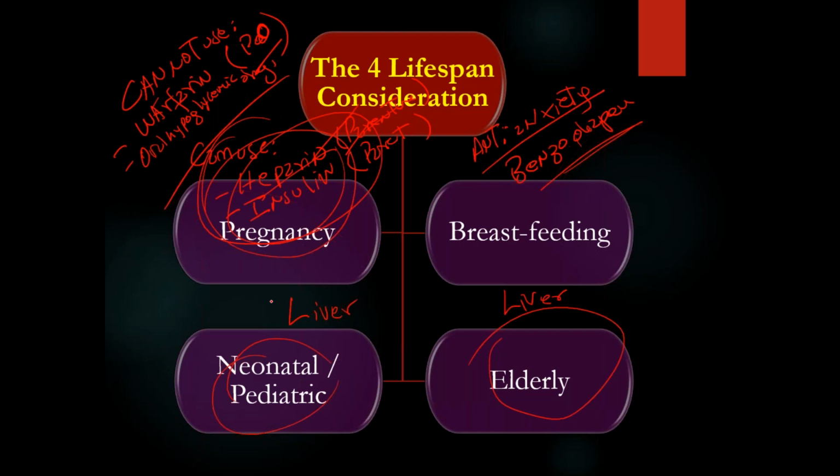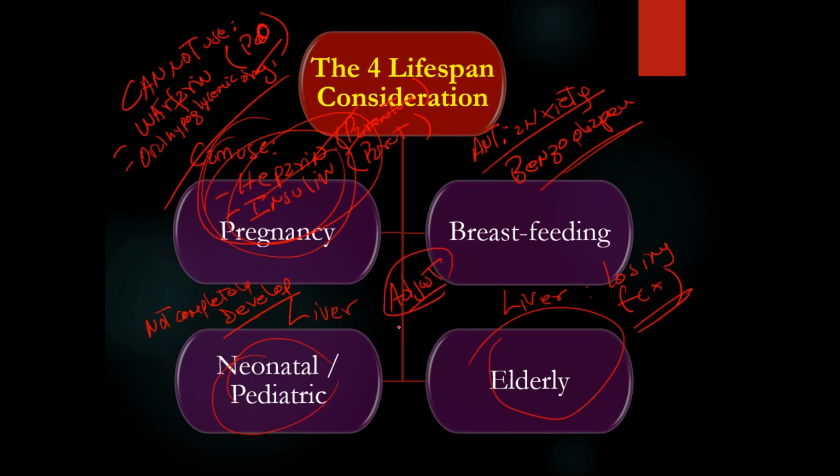In pediatrics, the liver is not completely developed. In the elderly, it's because the liver is losing function, deteriorating, not working as it did. In those cases, you need to adjust the dose.